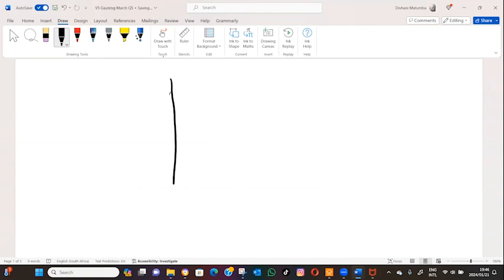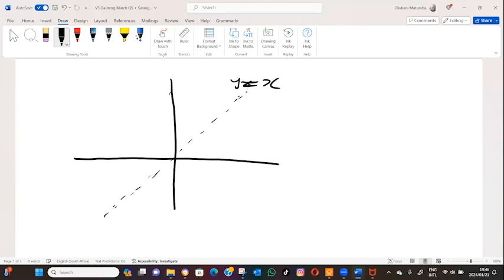What we know is that the inverse is like the mirror image on the diagonal 45-degree axis, which is given by y equals x. This is a mirror on this axis.